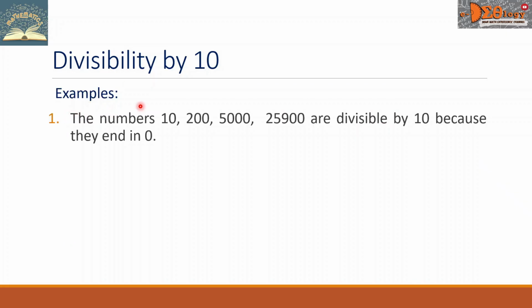Examples: the numbers 10, 200, 5,000, 25,900 are divisible by 10 because they end in 0.